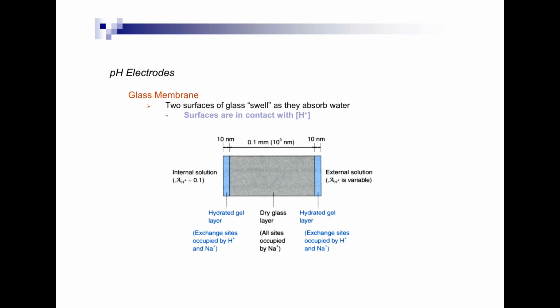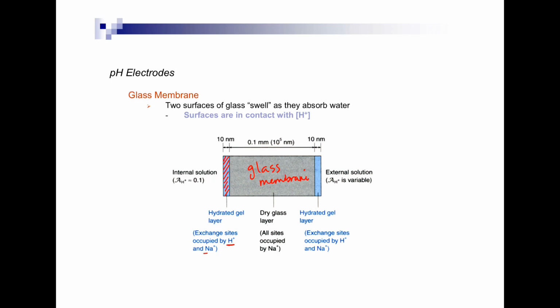Now, if we look a little more closely at the glass membrane and its surfaces, you might not think about this, but say this is the glass membrane. And when you put it in water, you don't think about the surface of glass getting squishy, but that actually happens. There's this hydrated layer on the surface of the glass where it absorbs water, and because it's in contact with that water, some of the sites get occupied by hydrogen ions.